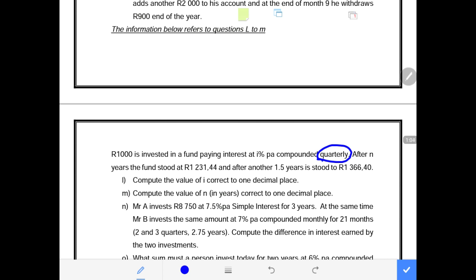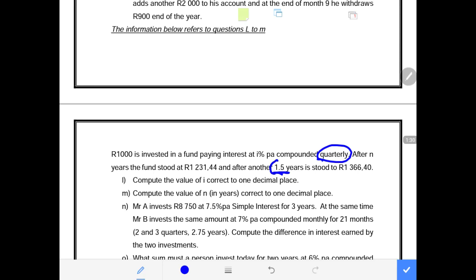So the fund increased after a certain number of years, which we also don't know. And after 1.5 years, we are told that the fund stood at a further amount of 1,366 rand 40 cents.